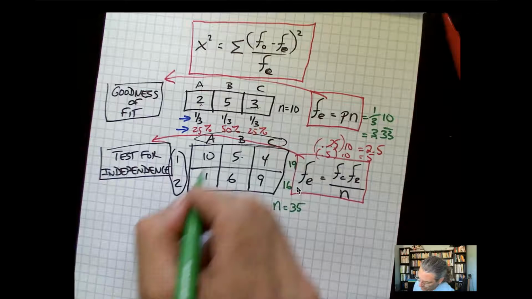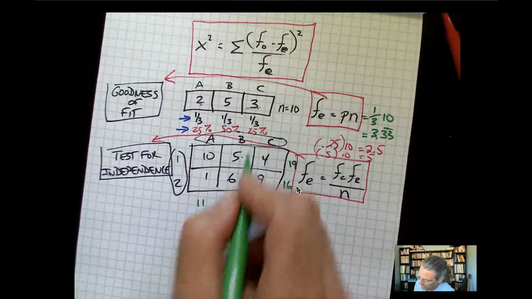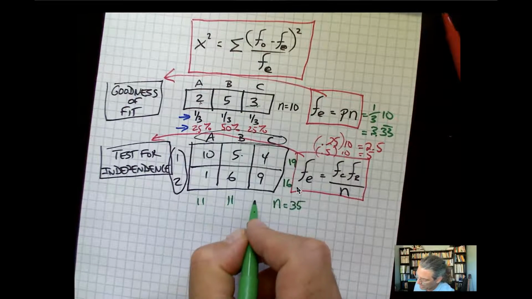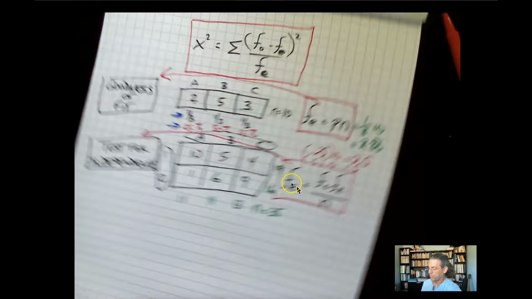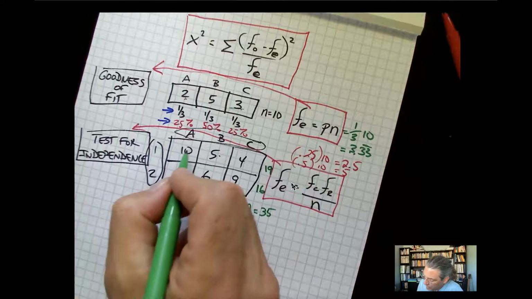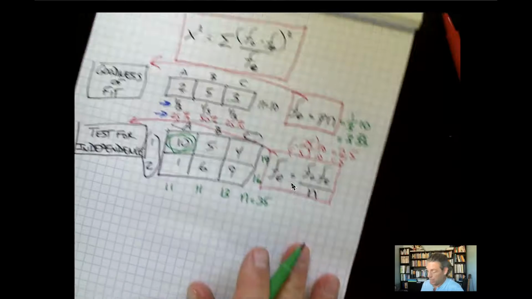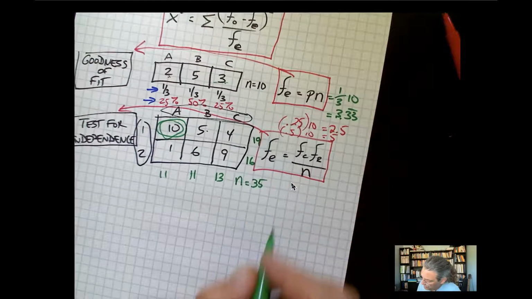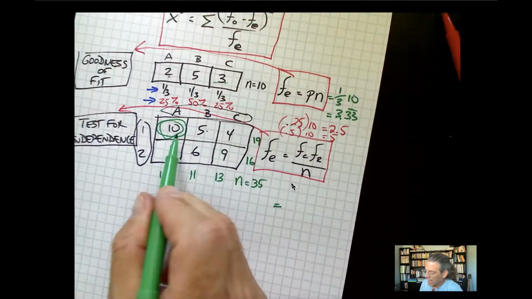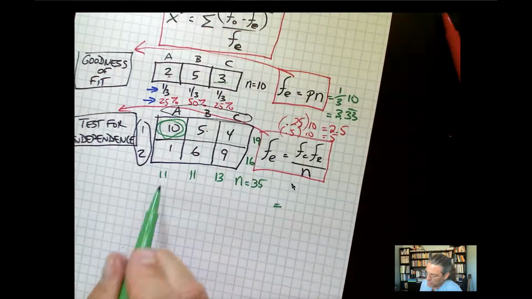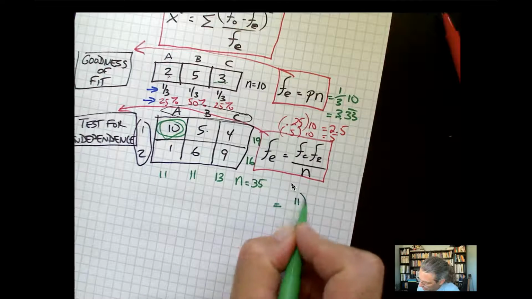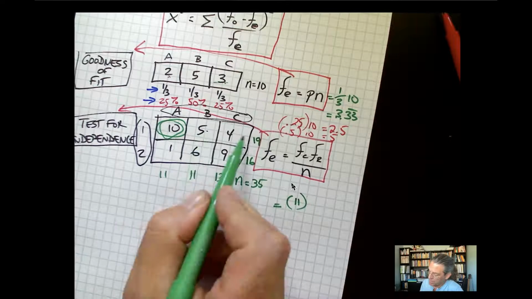Now we can do the column totals. 10 plus 1 is 11. 5 plus 6 is 11. 4 plus 9 is 13. Okay? So if I want to figure out the expected frequency for this cell, it is going to be equal to this formula, which is the column frequency, which is 11, times the row frequency.